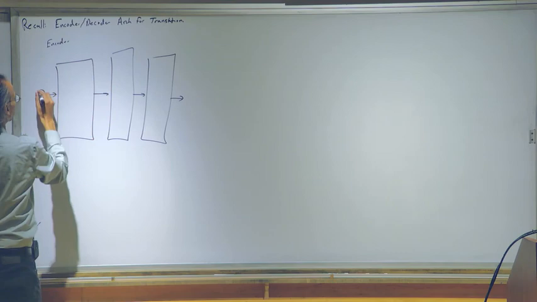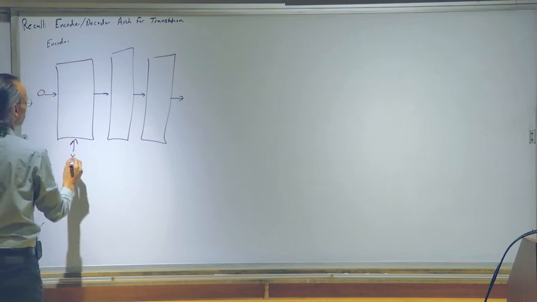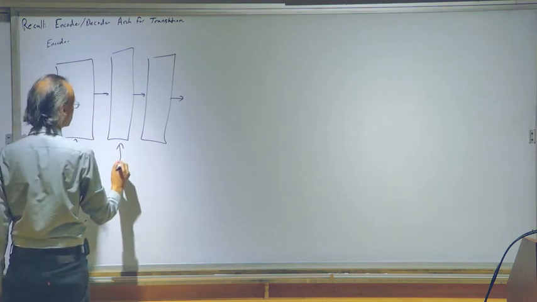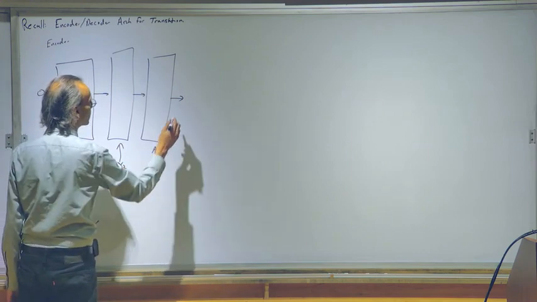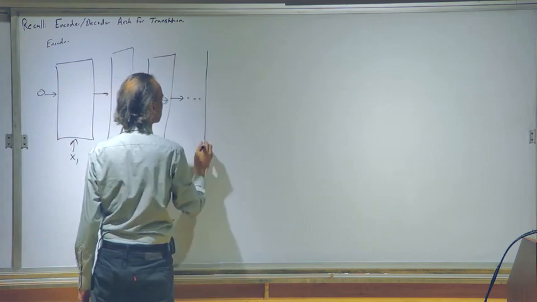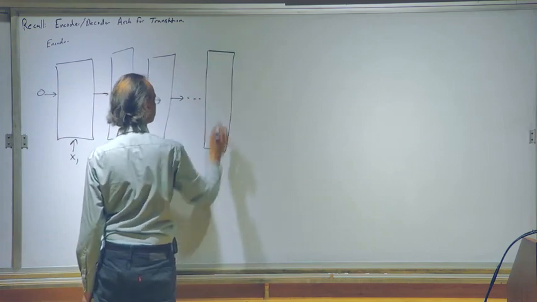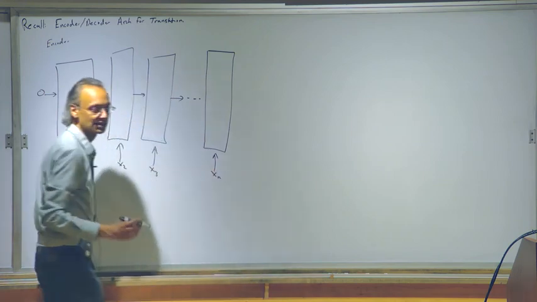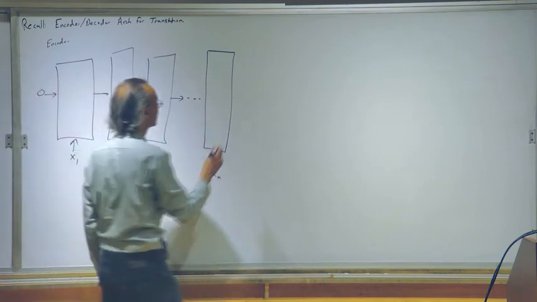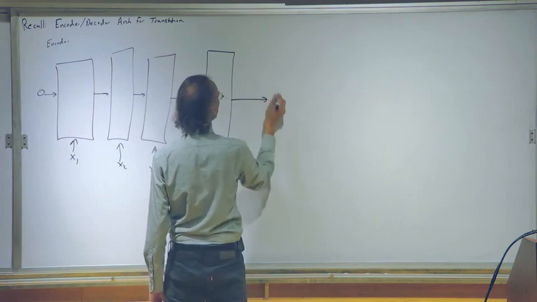So we feed it in a 0, in comes x1, x2, x3, dot, dot, dot, some xn, some length of the sequence that you're translating. Then the output of this goes into the decoder.